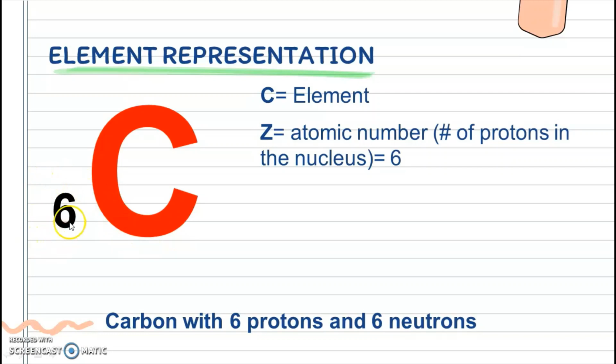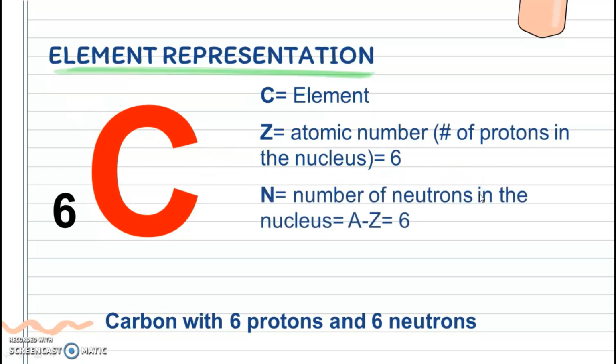So, we have 6. So, ang nawawala na lang is yung kanyang mass number or yung letter A. So, bago natin makuha si A, kailangan alam muna natin yung kanyang number of neutrons or yung N. So, tignan natin ilan yung kanyang neutrons. Meron daw siyang 6. Sabi sa problem, meron siyang 6 neutrons.